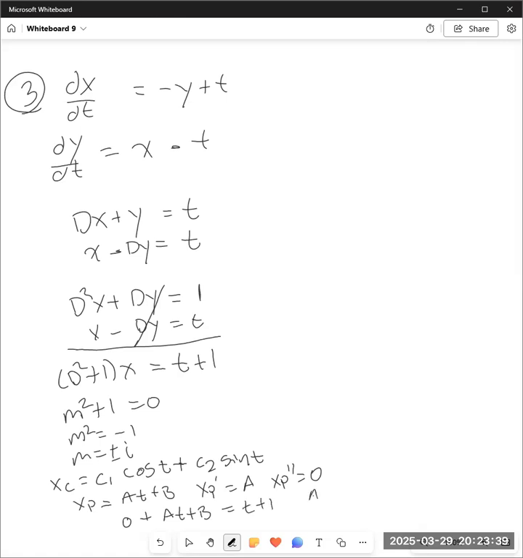Tells me that a is equal to 1 and b is also equal to 1, making my xp equal to t + 1. That gives me x equals c1 cosine t plus c2 sine t plus t plus 1.